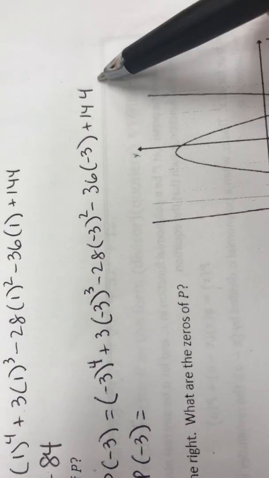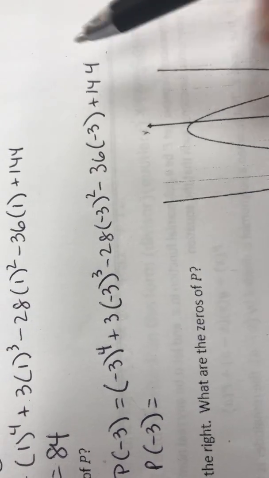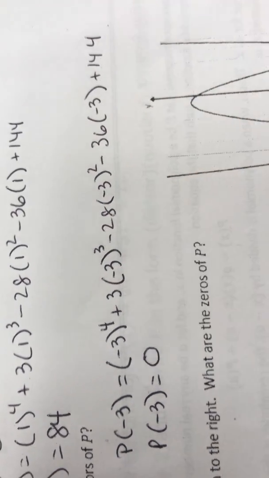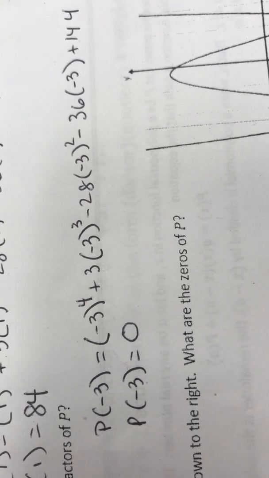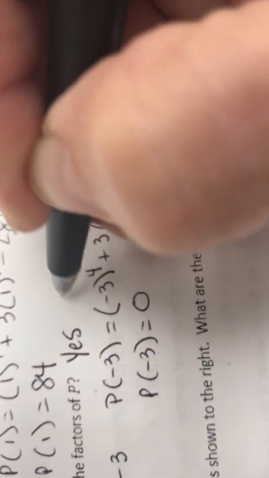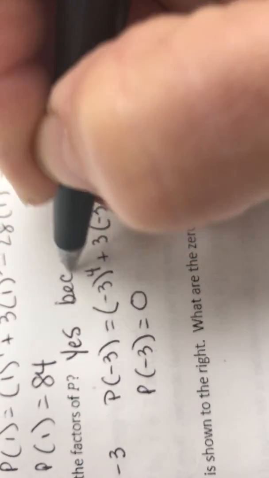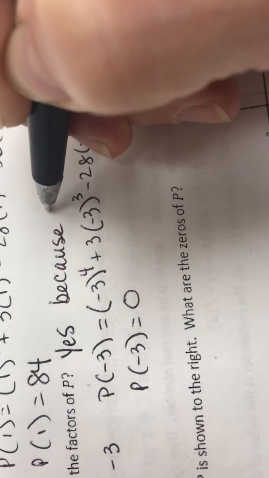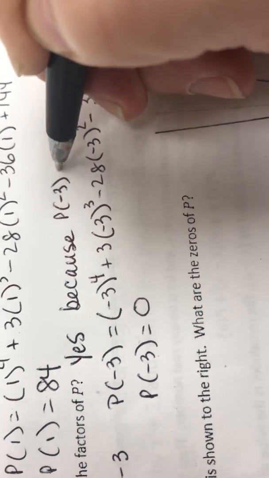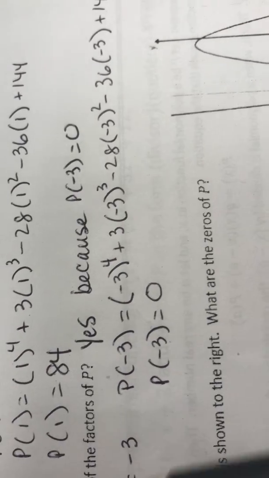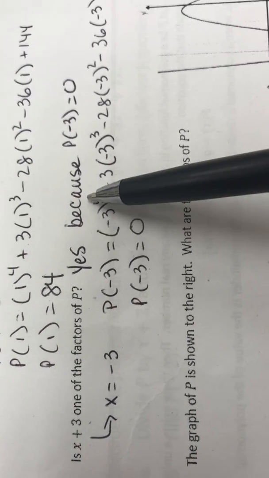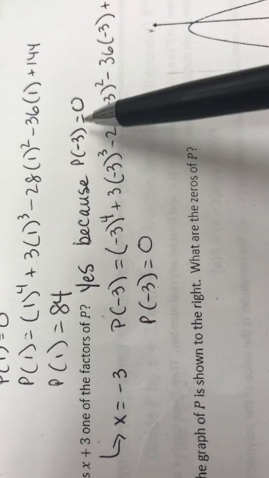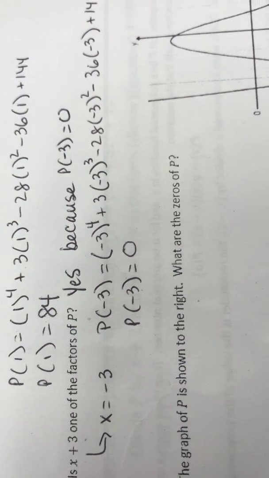Type all of that into your calculator, get your answer, which does happen to be 0 this time. So that tells me negative 3 is a root, and that is a factor. So x plus 3 is a factor because the remainder theorem equaled 0.